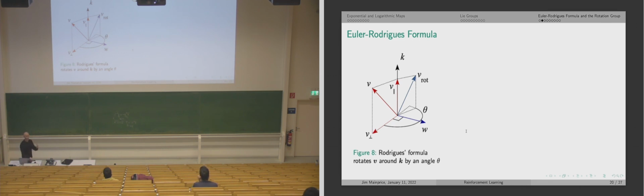So basically, if you have k and you have some vector v, the idea is I give you a theta and I give you this k. How would I end up rotating that vector with respect to k by an angle theta? So k, v, and then I get v rotated. That's the basic idea.